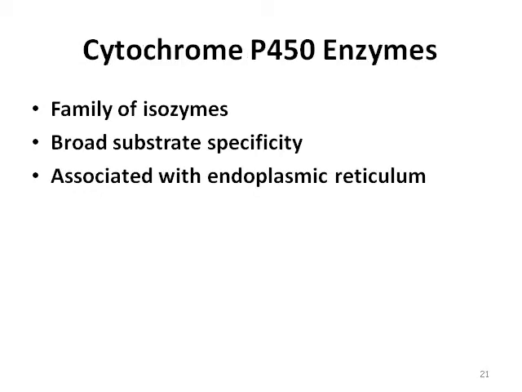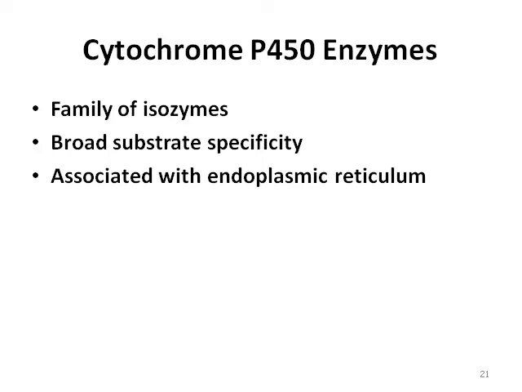When we talk about metabolism, one of the major enzyme systems, as shown on slide 44, is the cytochrome P450 system. This is a family of isozymes. When I was coming through, we only knew about P450, but now we know about all the different isozymes. P450 has very broad substrate specificity, which means a lot of drugs are metabolized by it.